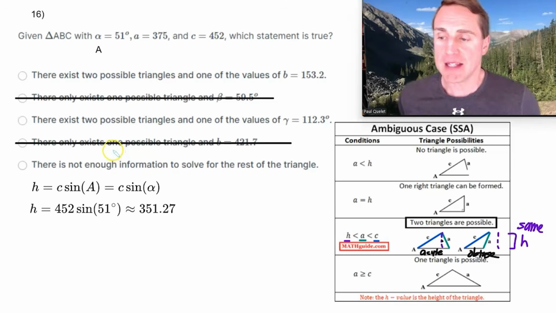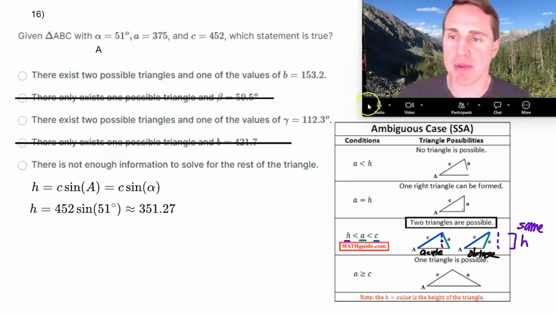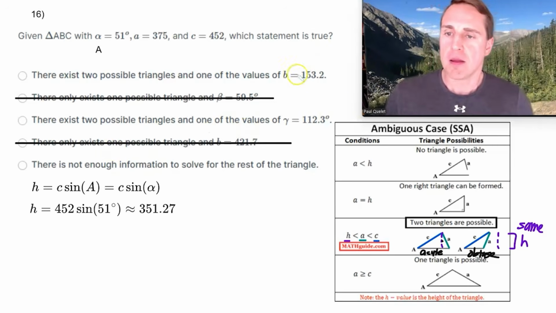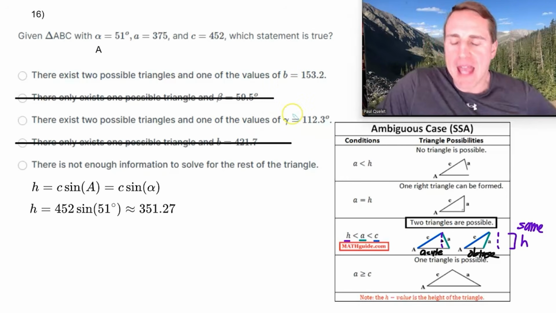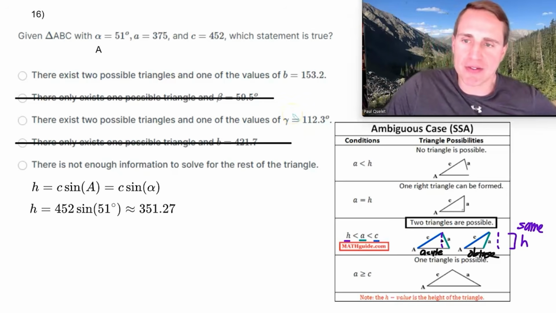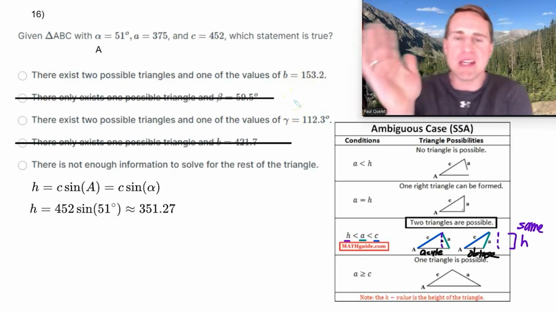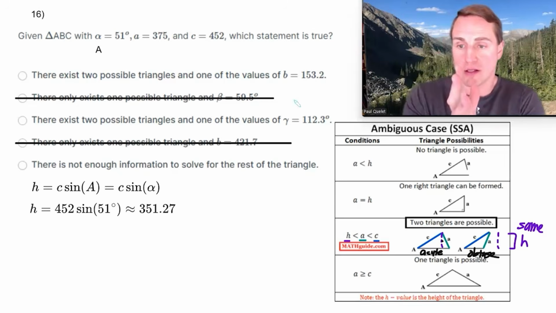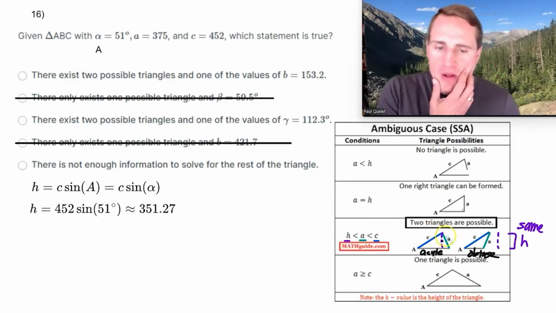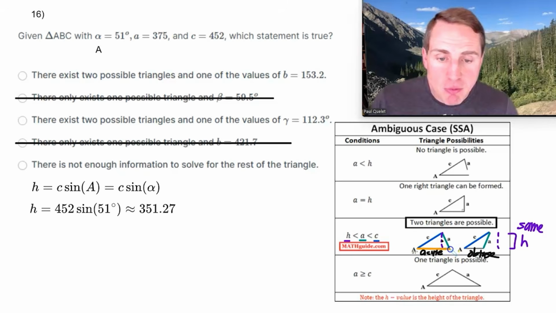Now, let's see what's going to happen for B or gamma. Gamma is going to be the angle across from side length c, and B is going to be found two different ways. That's like saying from this diagram, do you see that bottom side right here, B, is going to have two different possible values.